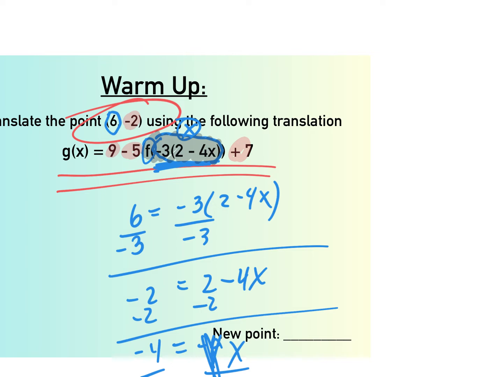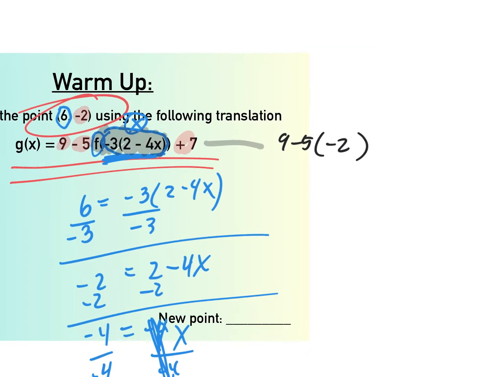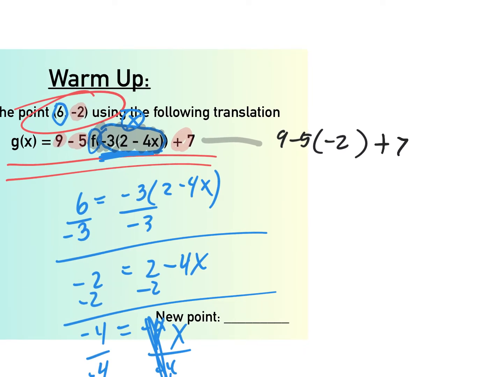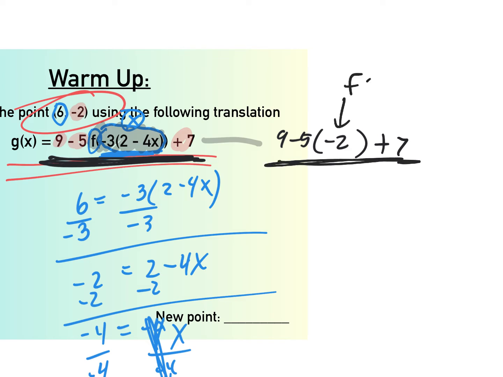So I'm going to take this and say 9 minus 5 times that f of x is y. And y is negative 2. And then plus 7. So that's this same exact equation, except I stuck this in where f of x was. And f of x is the y, so there we go.